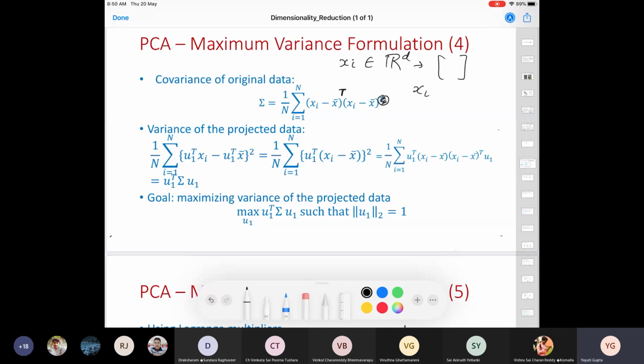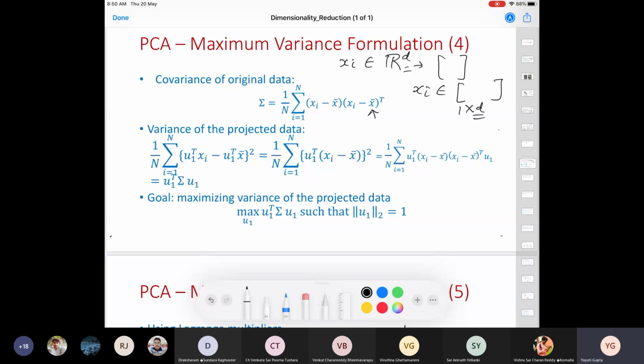If you represent each data point as a row vector, as a 1 cross D, then the formula would be this. If you know matrix multiplications, you can change your formula accordingly. So just for your reference, if you represent each data point as a column vector in a d-dimensional space, the transpose would come here.